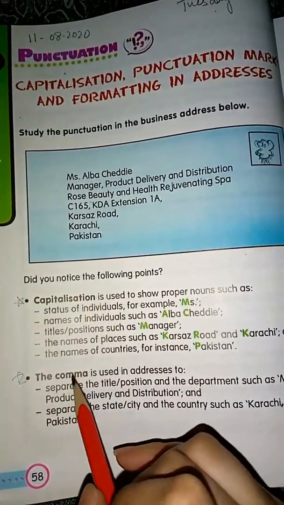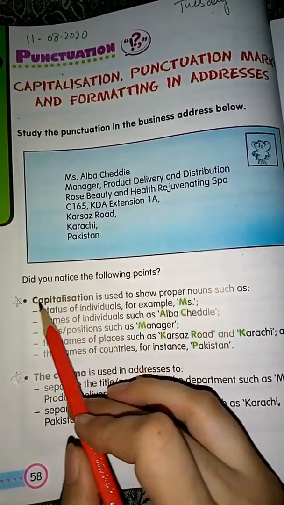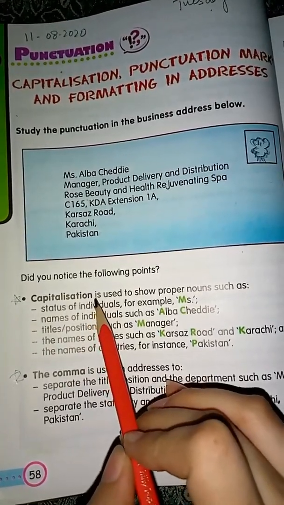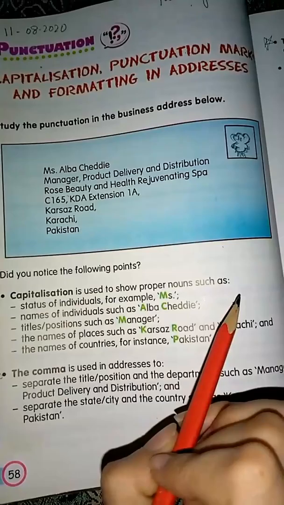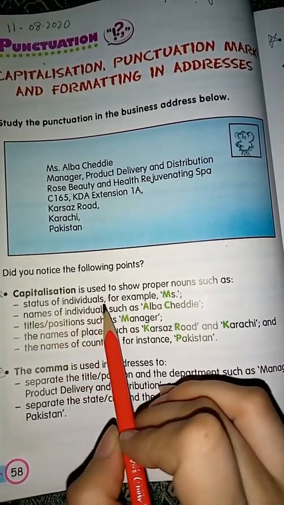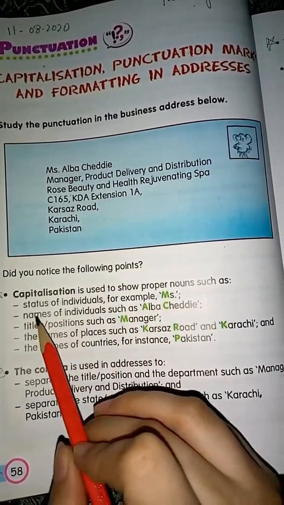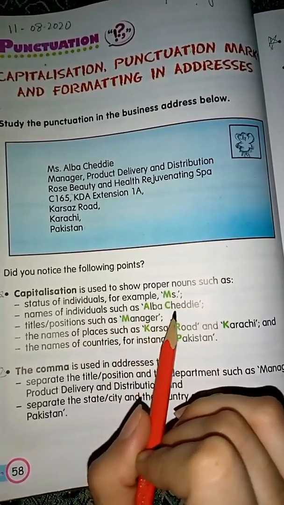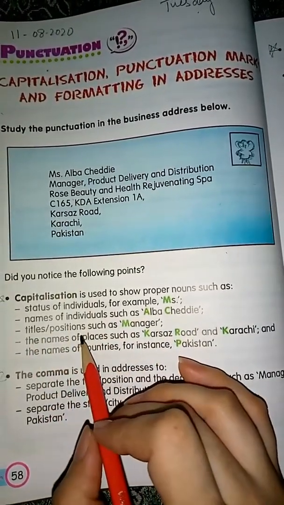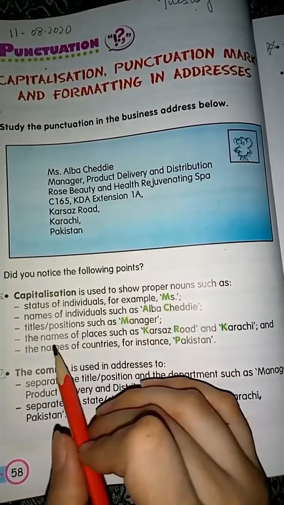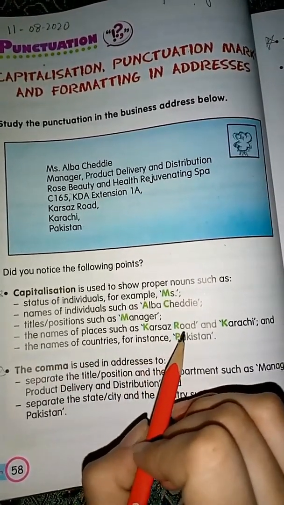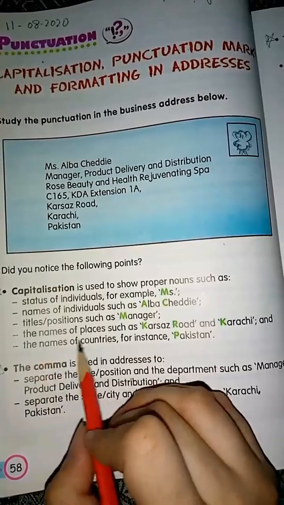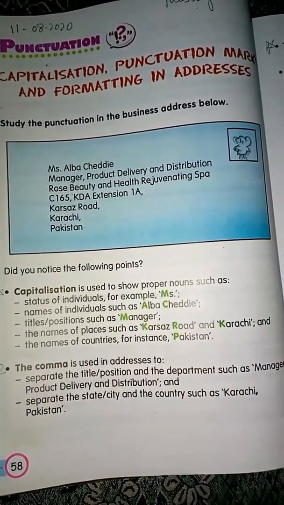Did you notice the following points? Capitalization. First of all, we are going to discuss capitalization. Capitalization is used to show proper nouns such as status of individuals, for example Miss, names of individuals such as Alba Chade, titles and positions such as manager, the names of places such as Karsaz Road and Karachi, and the names of countries, for instance Pakistan.